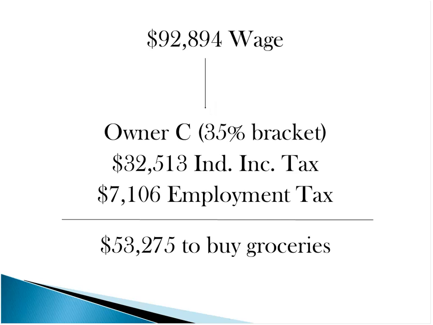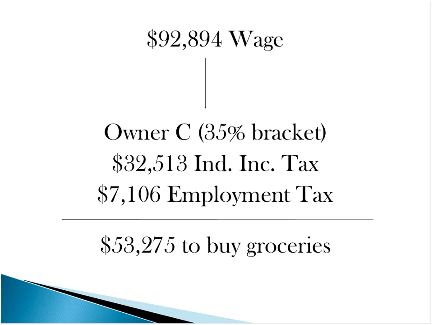We go to the next slide. That wage is paid to the owner. Again, remember the owner's in a 35% tax bracket, so the owner has to pay taxes on that salary of over $32,000. In addition, the owner has Social Security and Medicare withholding also, and that's just over $7,000.